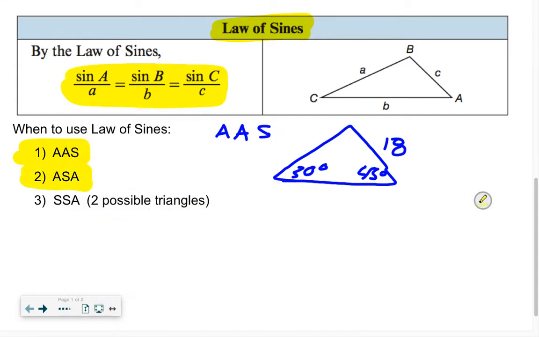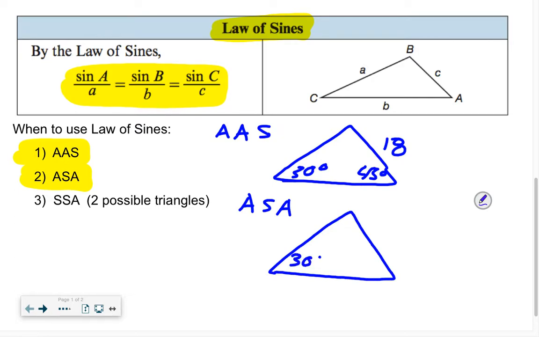Could also be when you have angle, side, angle. There's an example of angle, side, angle. We call the side the included side between the 2 angles because it's sandwiched between the 2 of them.